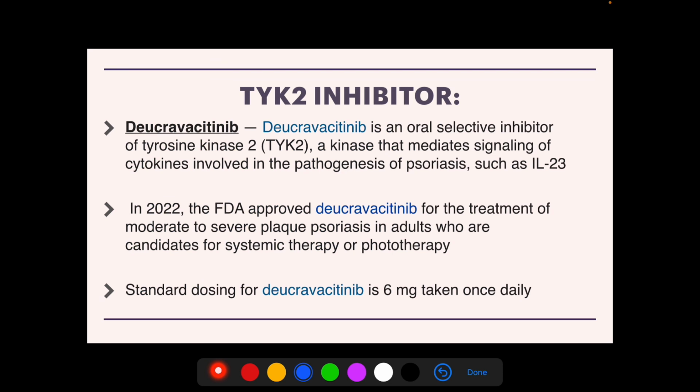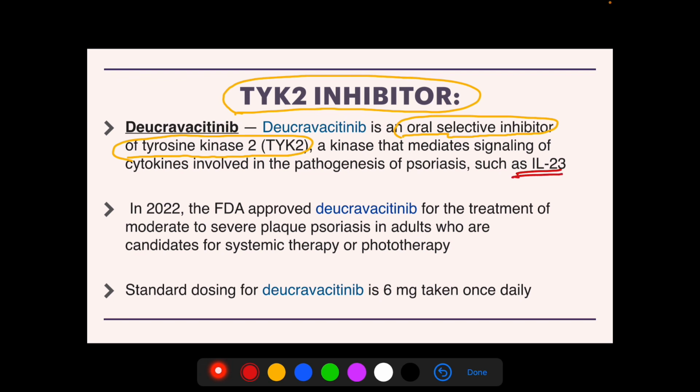Next are tyrosine kinase 2 inhibitors. The tyrosine kinase 2 inhibitor drug is Deucravacitinib, an oral and selective inhibitor of tyrosine kinase 2, a kinase that mediates signaling of the cytokines involved in the pathogenesis of psoriasis, such as interleukin 23.